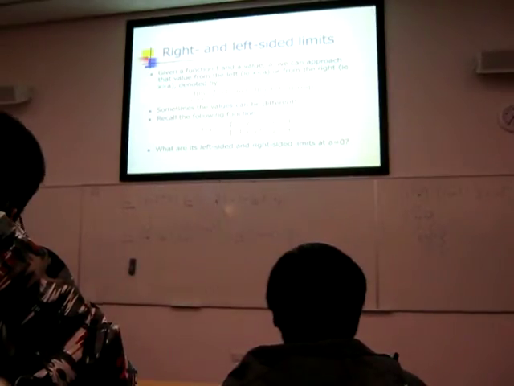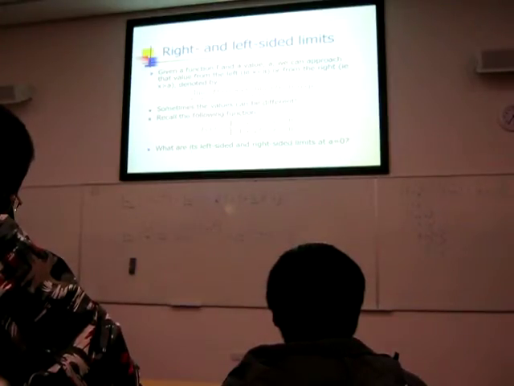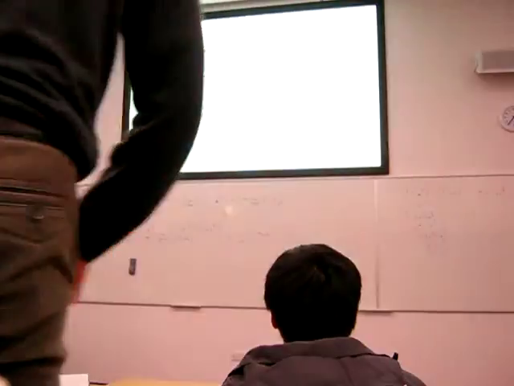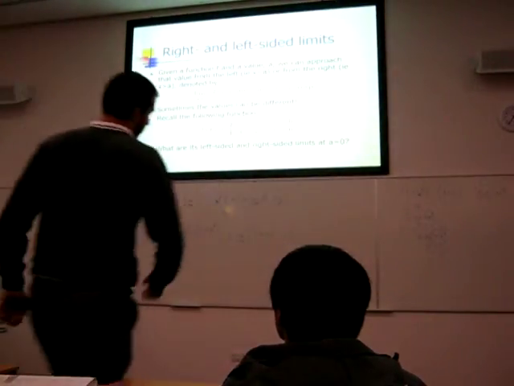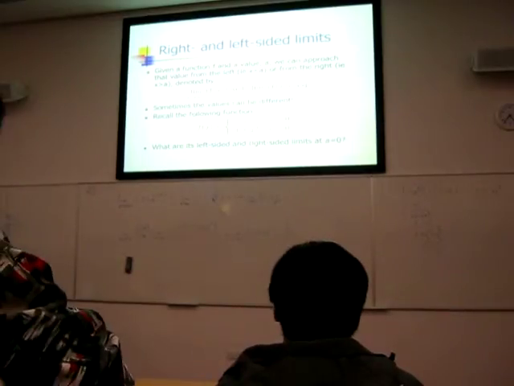If we are approaching this graph from the left-hand side, at 0, the function tends towards 2. If we approach it from the right-hand side, the value of the function approaches 1.